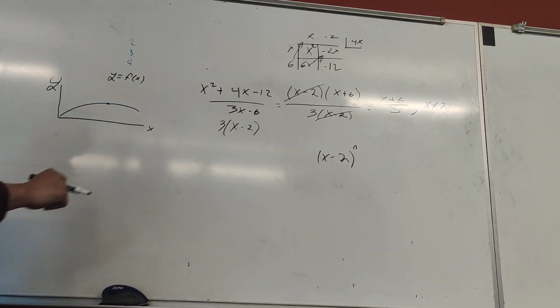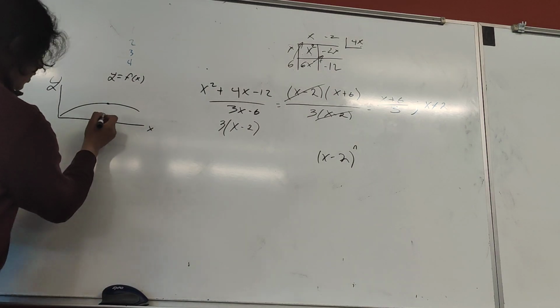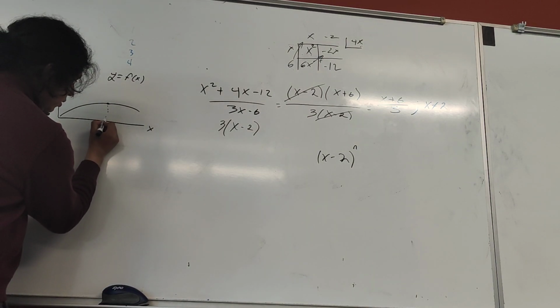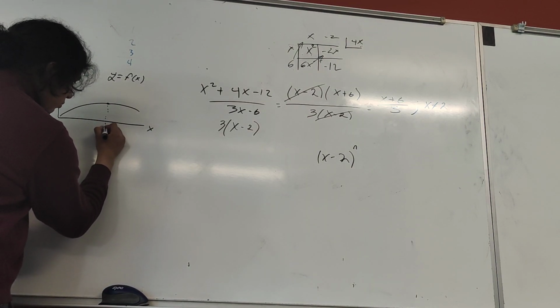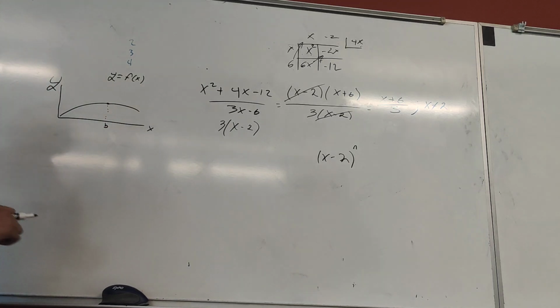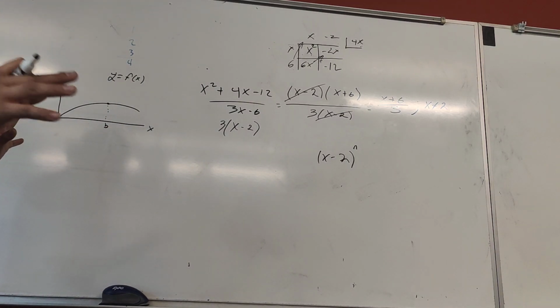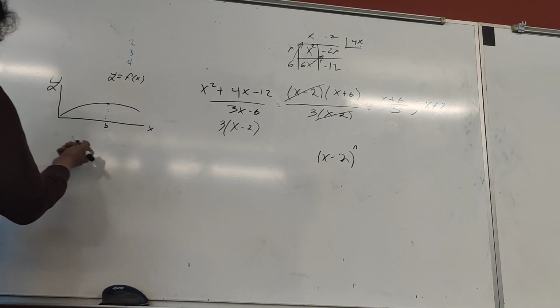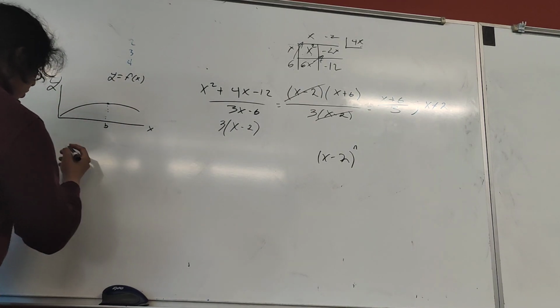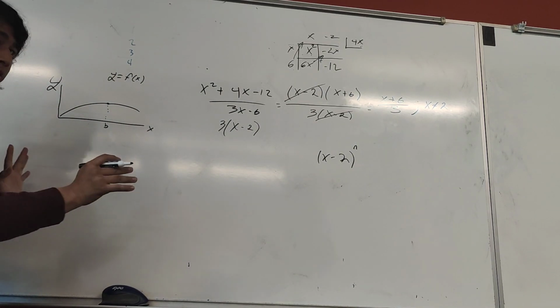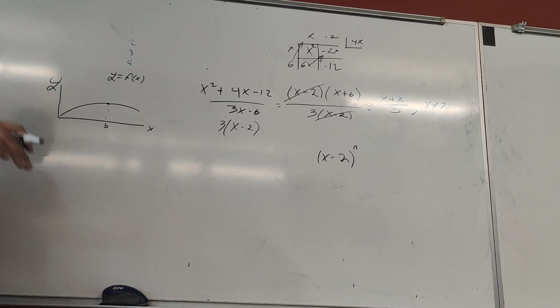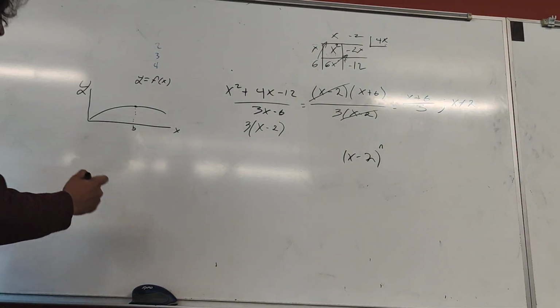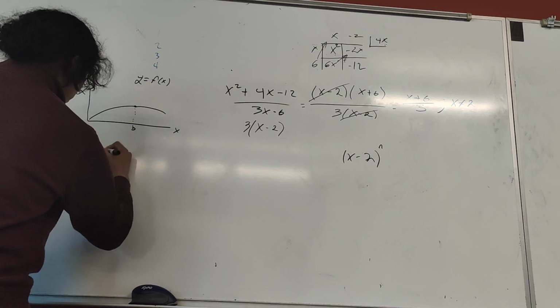Okay? And let's give this a coordinate. Let's call it b. So if we were to look for the limit of b, let me write down the notation for limits.